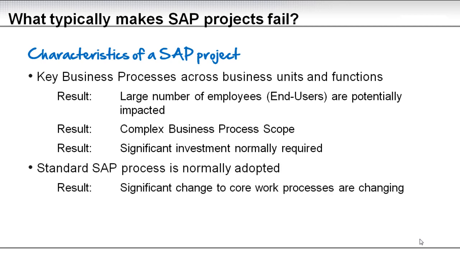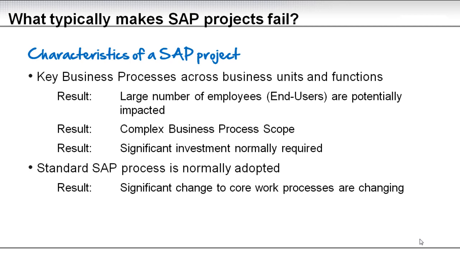Also, a characteristic of an SAP project is that the approach everyone normally takes is that the standard SAP process is to be adopted. This is based on the recommendation from SAP itself and from a lot of projects around the world that the SAP process is considered a best practice.